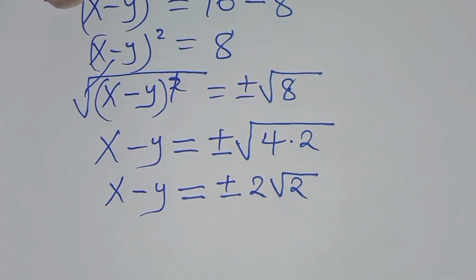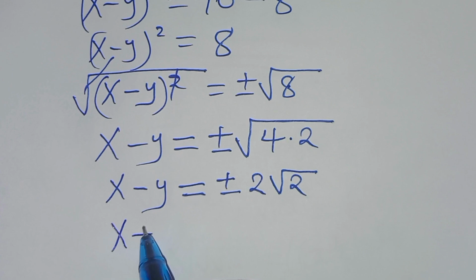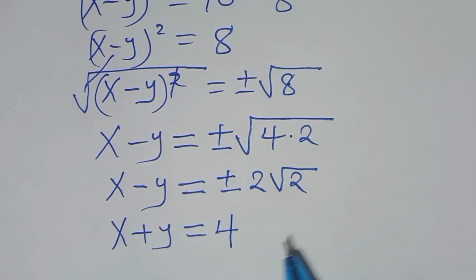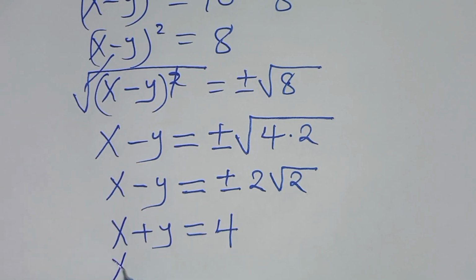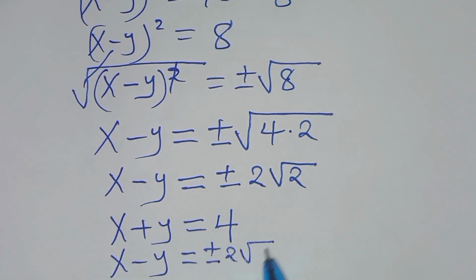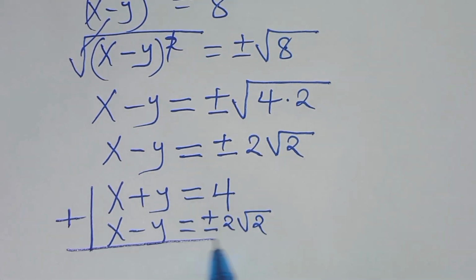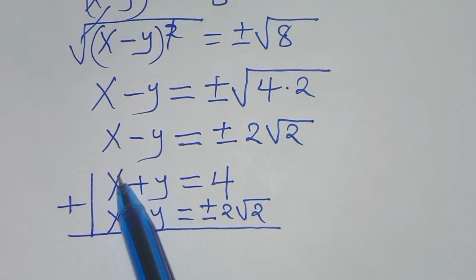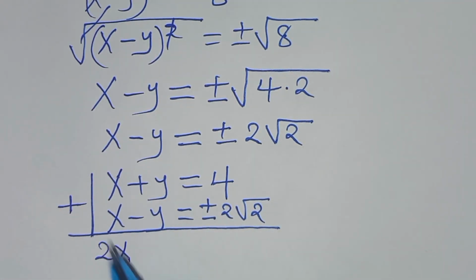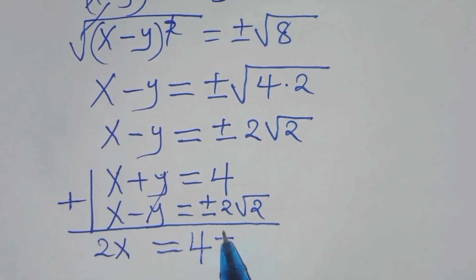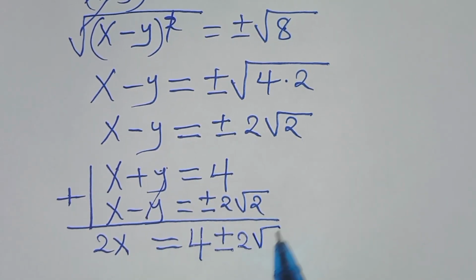Now, given that equation 1 is x plus y is equal to 4, and we have x minus y equal to plus or minus 2 square root of 2, these are two systems of linear equations. The next step is to add these two equations. So x plus x is 2x, then y plus minus y simplifies, and we have this equal to 4 plus or minus 2 square root of 2.